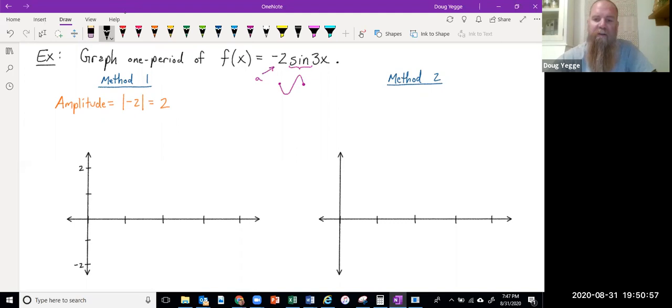But now there's actually 2 different methods that we could apply in order to determine what this graph looks like. You might remember from Desmos that we saw that anytime there was a multiple of the angle, that caused the graph to either stretch or compress horizontally.